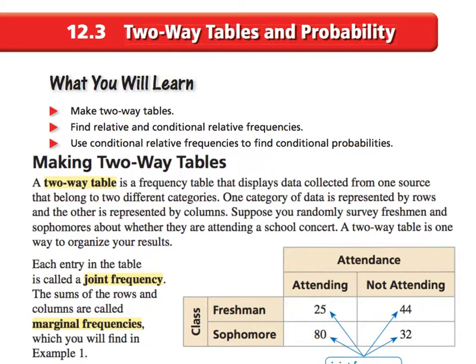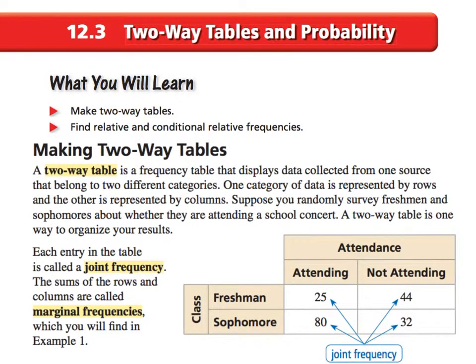Now, the sum of these rows and columns are called marginal frequencies. So marginal would be adding together the freshmen and then those attending and not attending, and also adding together sophomores. Those are the marginal frequencies. And let me slide that up there. But you can see at the bottom, the joint frequencies, that's all four of those numbers are the joint frequencies.